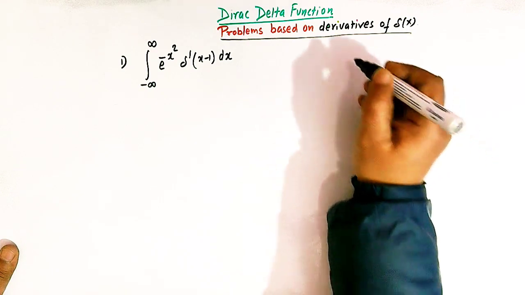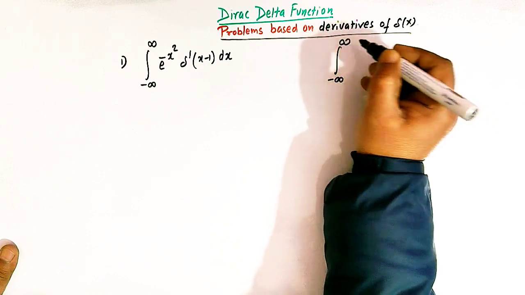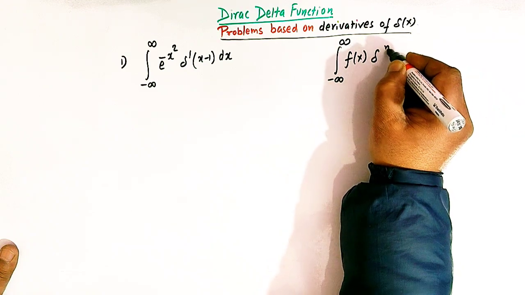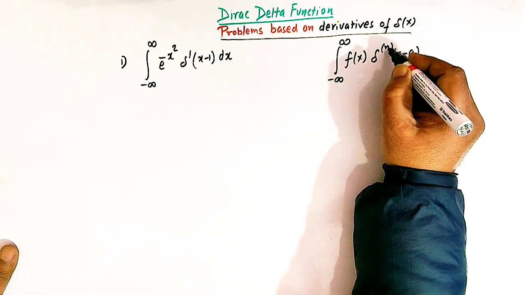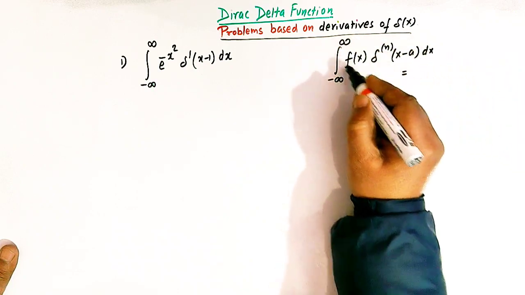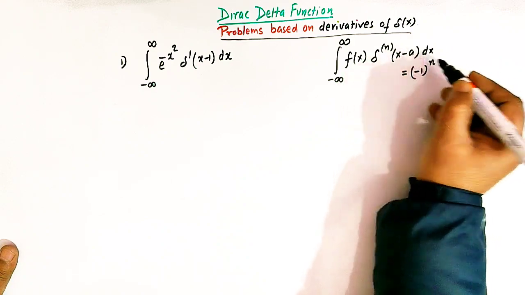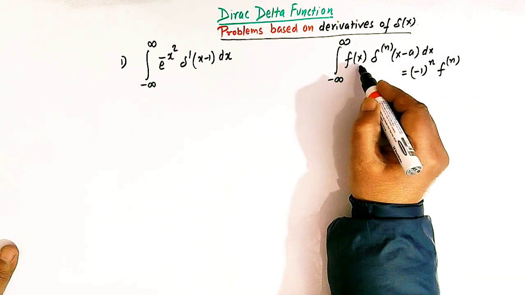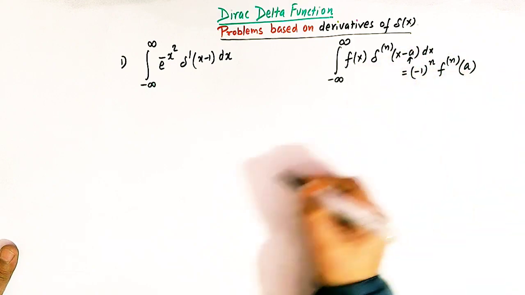Here we know that if we have an integral from minus infinity to infinity of a function f of x times the nth derivative of the Dirac delta function, that is delta n of x minus a dx, then the value of this integral is given by minus 1 raised to n, times the nth derivative of this function f of x evaluated at this point, that is a.